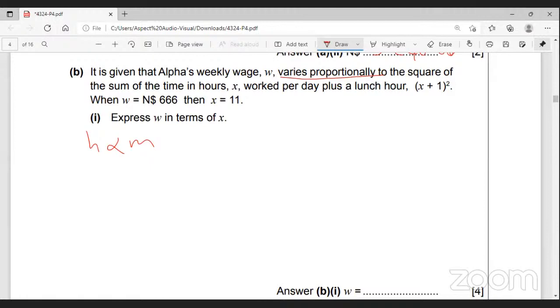So it's the sum x, plus, so it's x squared. W is directly proportional.